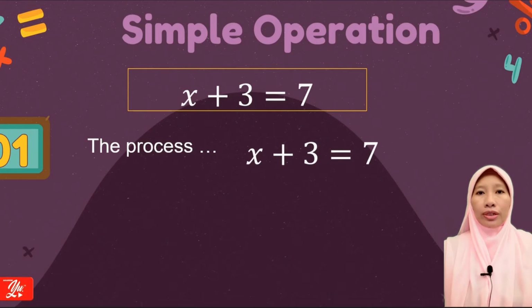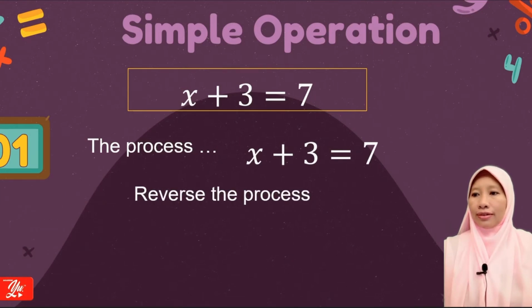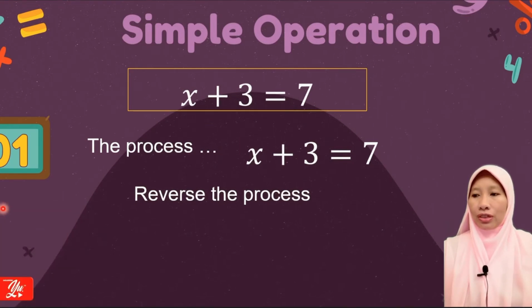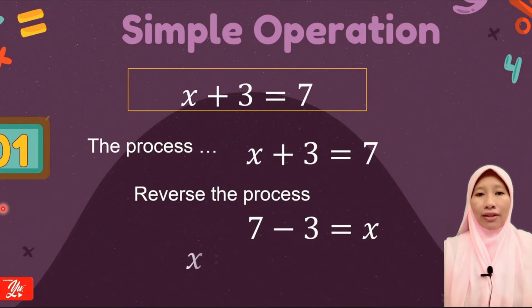When we do the reverse, the reverse process is 7 minus 3. So x equals 7 minus 3, or x equals 4.